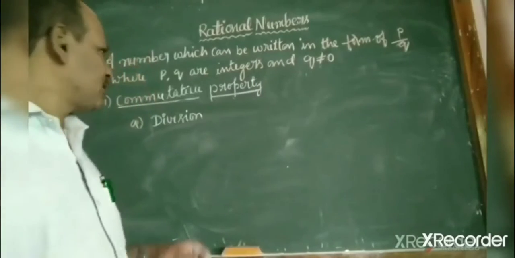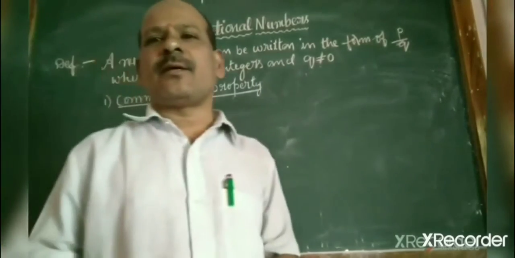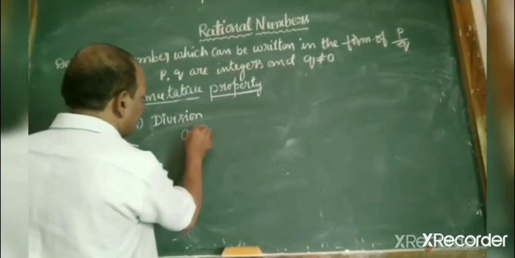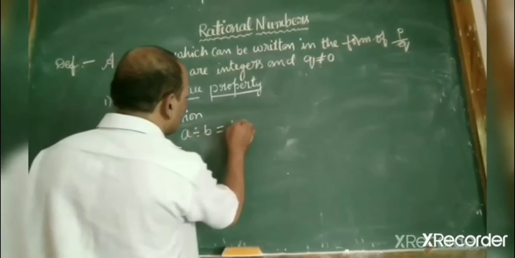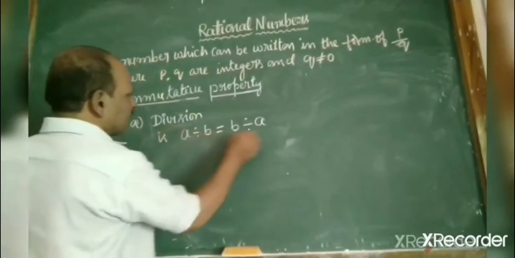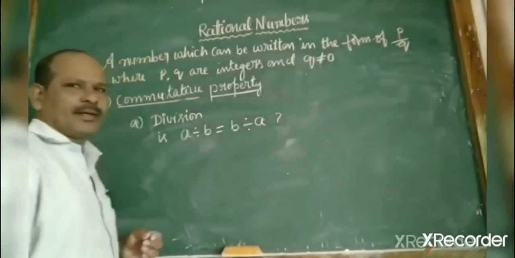Now the division. Whether the rational numbers are commutative under division or not: if A divided by B is equal to B divided by A, then we can say that rational numbers are commutative under division.